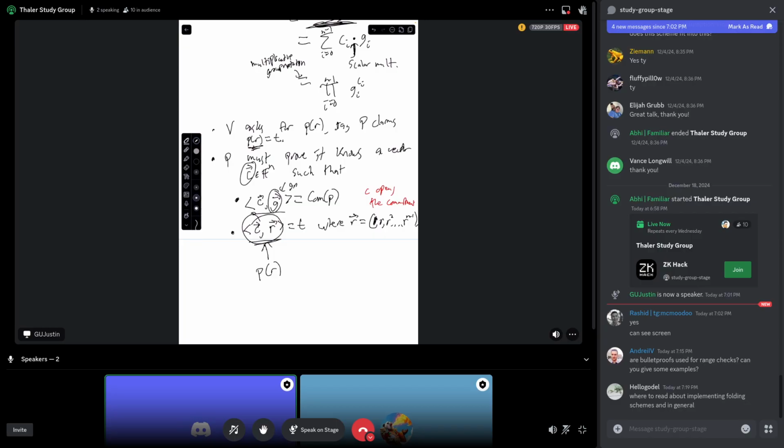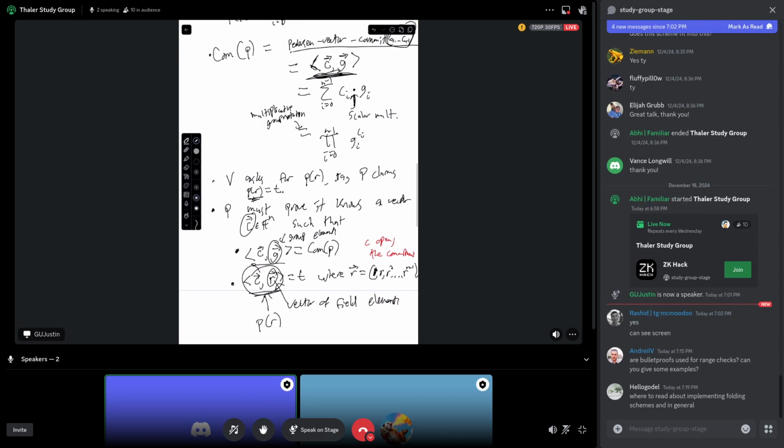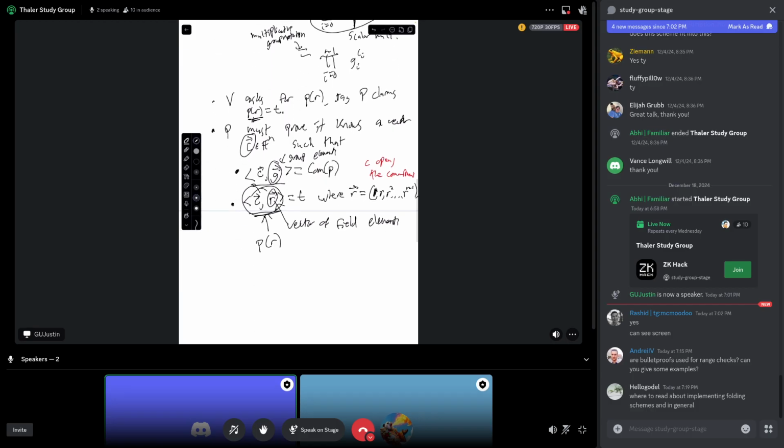I use the same notation here of inner products, but here G is a vector of group elements, whereas this r arrow is a vector of field elements. So I'm calling these both inner products, but they're different things. This inner product is indeed the sum over i of c_i times g_i, but the times there is group scalar multiplication, whereas the times here is field multiplication.